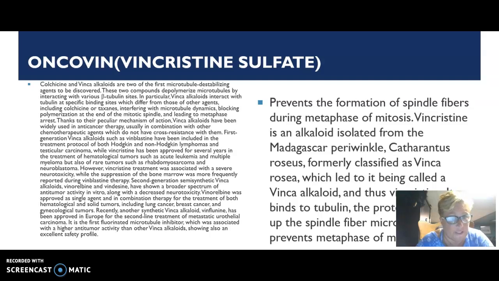First-generation vinca alkaloids, such as vinblastine, have been included in the treatment protocol of both Hodgkin's and non-Hodgkin's lymphoma and testicular carcinoma, while vincristine has been approved for several years in the treatment of hematological tumors such as acute leukemia and multiple myeloma, but also rare tumors such as rhabdomyosarcoma and neuroblastoma. However, vincristine treatment was associated with a severe neurotoxicity, while the suppression of the bone marrow was more frequently reported during vinblastine therapy.